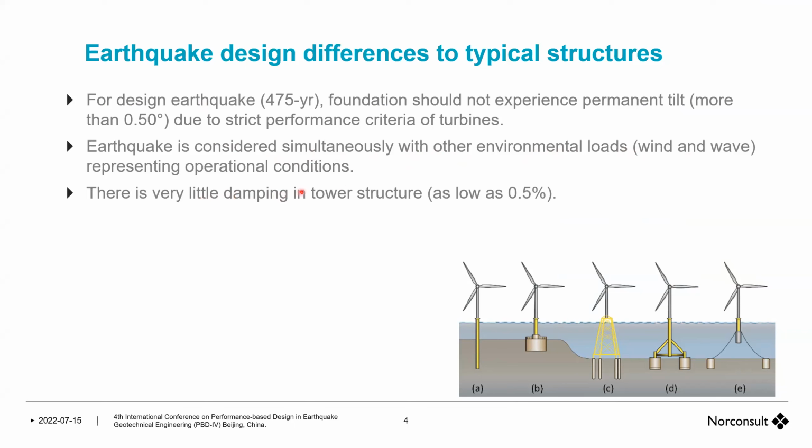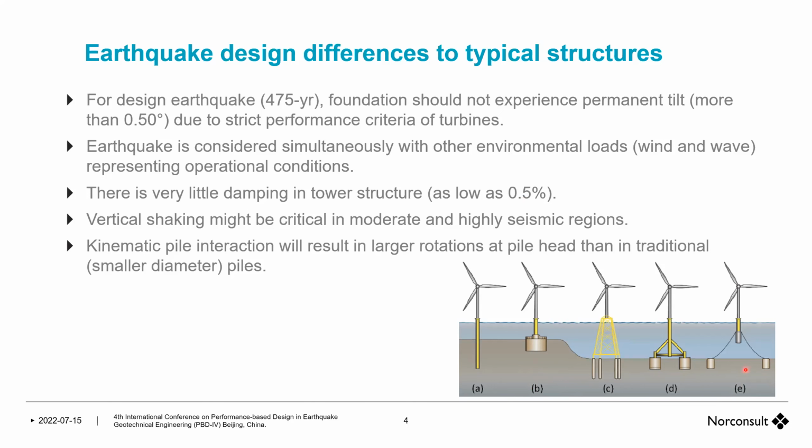There is very little damping in the tower structure, as low as 0.5 to 1%, as opposed to typical earthquake design of up to 5%. Vertical shaking usually is not a concern in ordinary structures, but in offshore wind it could be a major concern. Kinematic pile interaction is usually not a concern in ordinary structures.